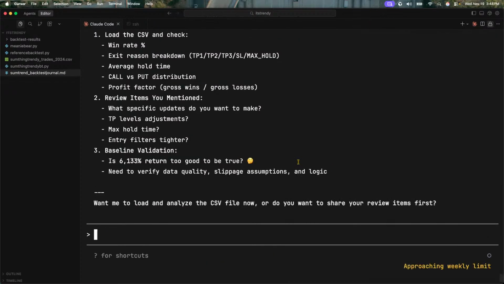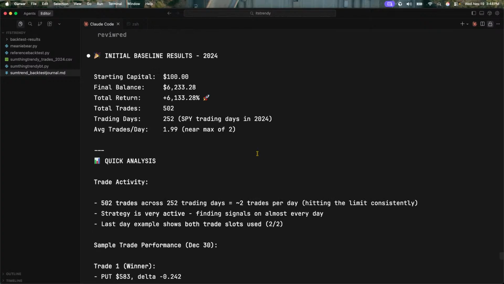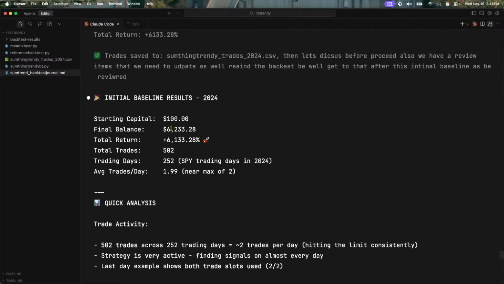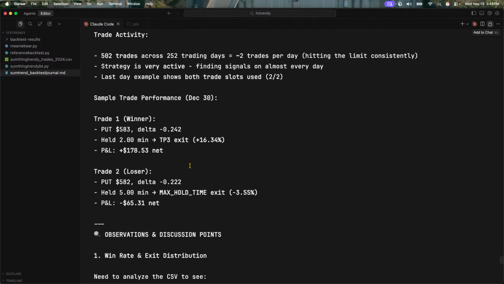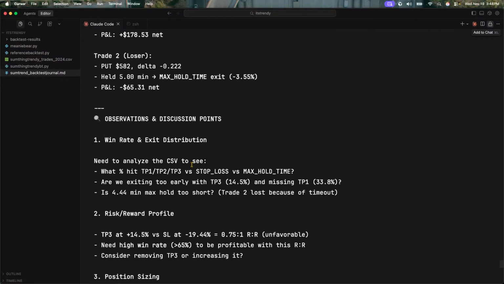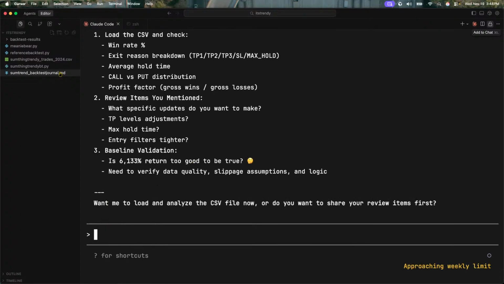Beautiful. Yeah, it went from 100 to 6,200, but again, I couldn't really talk my shit. But y'all are going to see what the updates are going to be. Win rate, yes.